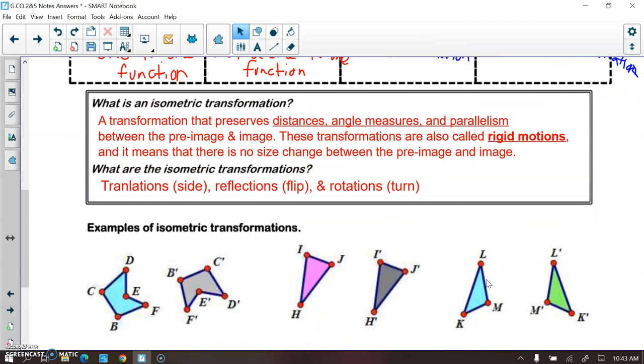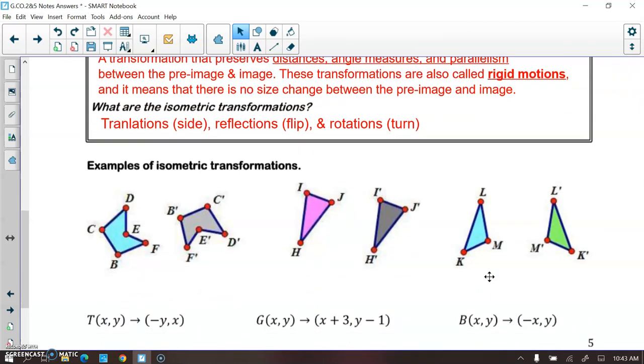The three isometric transformations are translations, which means that you just take a figure and you slide it. So for example, if I have this triangle and I just decide to slide it over on the graph, that would be a translation. We also have reflections, which are isometric. That's a flip.